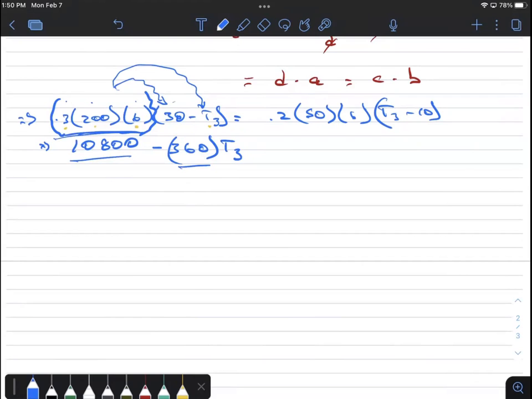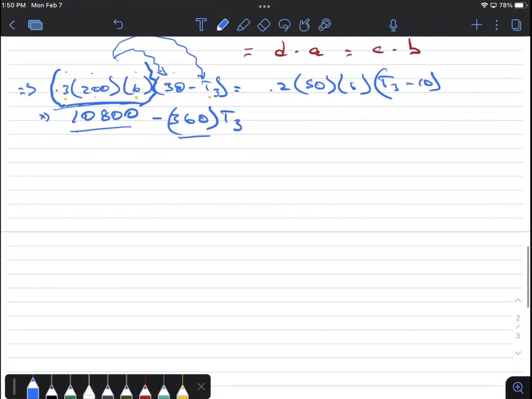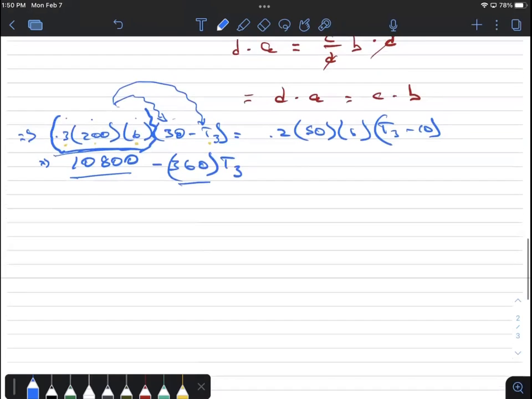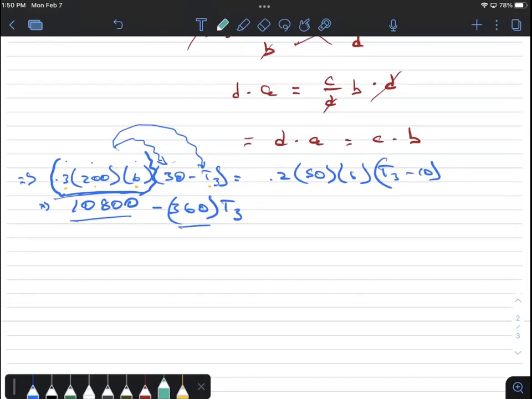And a lot of times, especially when you're not very comfortable with this algebra stuff, the fact that there's so many terms makes it look messy. So what you might want to do, if it's helpful, is just multiply 0.3 times 200 and times 6, and you get a number. That's equal to 360.